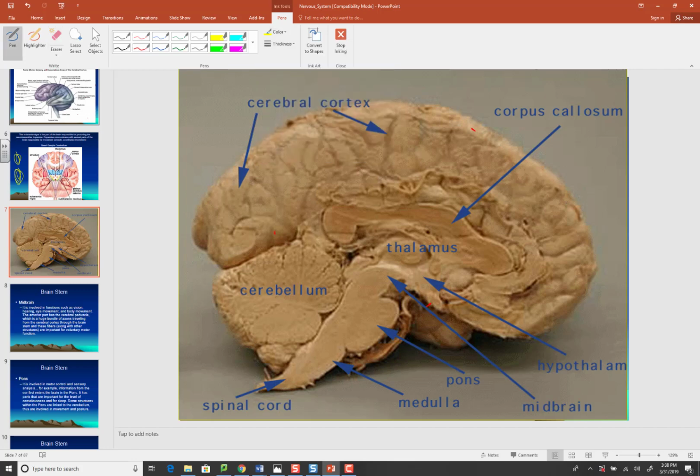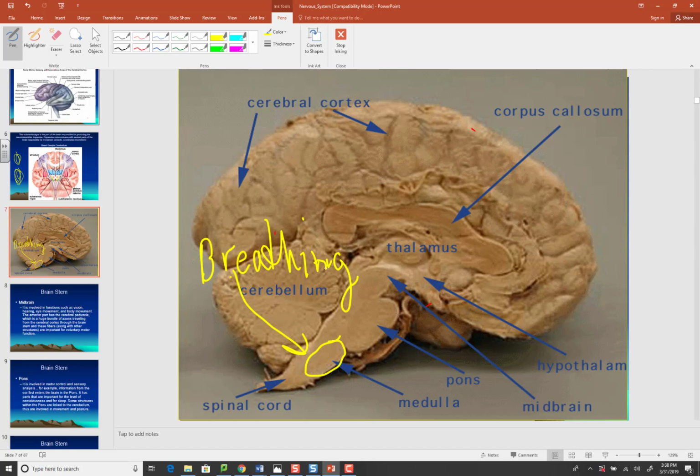Let's start with the medulla. The medulla is involved in controlling breathing. It has little chemoreceptors that detect increases in carbon dioxide levels in arterial blood, and that will stimulate breathing.